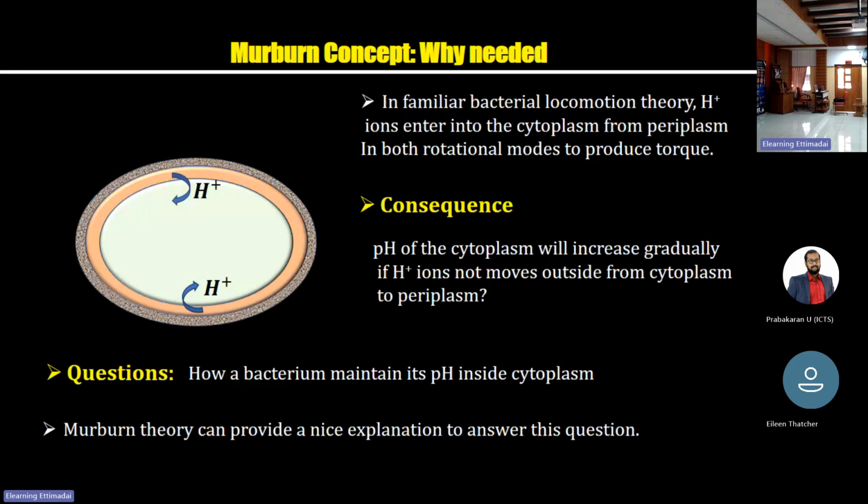That is the reason I am interested in Murban theory. Later, Professor KMM will describe details about the already existing concept, where the drawbacks are. You can listen. I think that is enough.